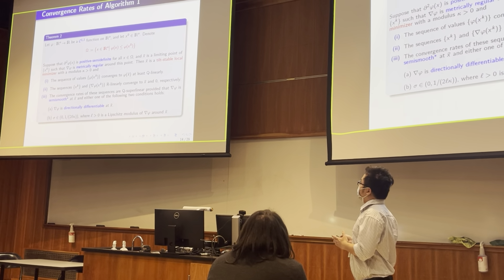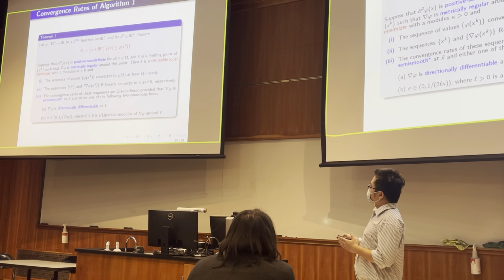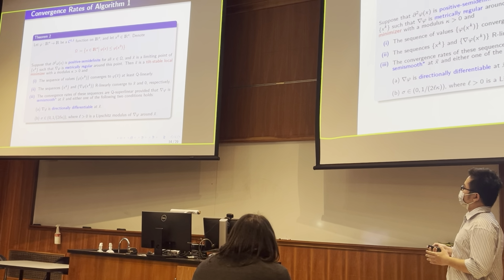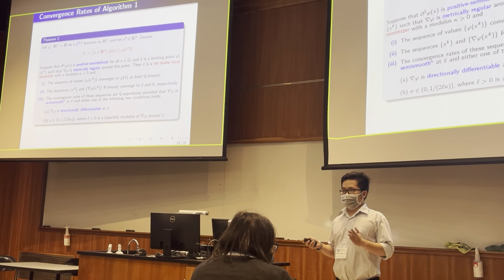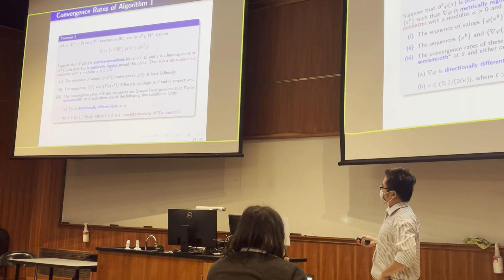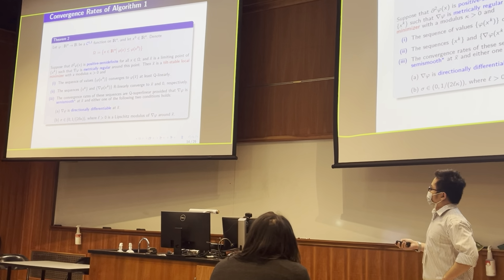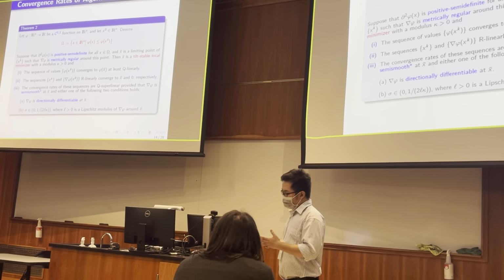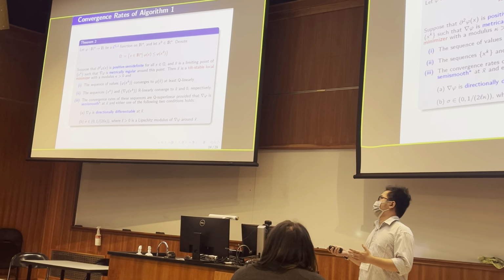The sequence of values and the sequence of iterates converge at least Q-linearly and R-linearly respectively. The convergence rates of these sequences are Q-superlinear if the mapping is semismooth star and one of these conditions holds. These results are very crucial because they help connect the C^{1,1} smooth case to the nonsmooth result.